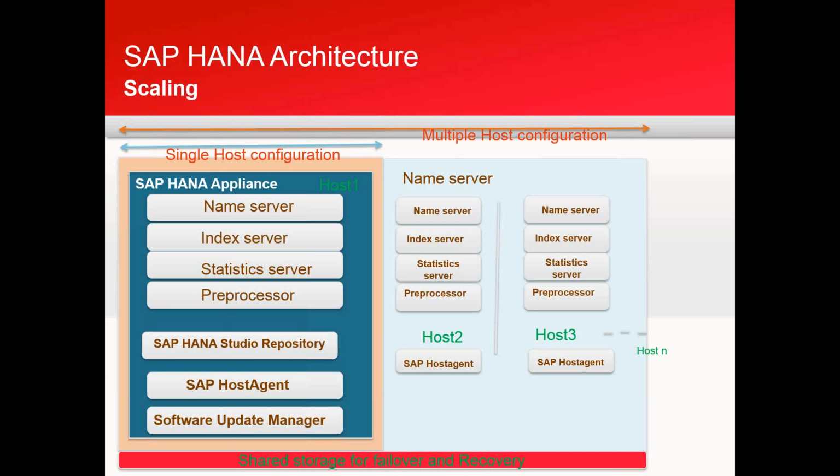Host agent, again, is simply a service that runs in the backend in order to identify itself within the network. If you have a cluster, which is shown on the right side, a multiple host configuration, you will then have a host agent running for each of those physical servers.